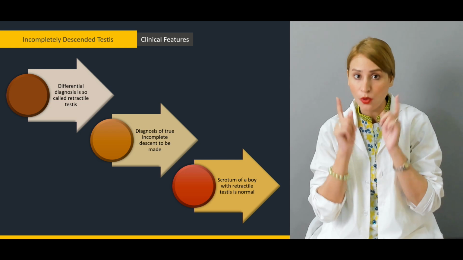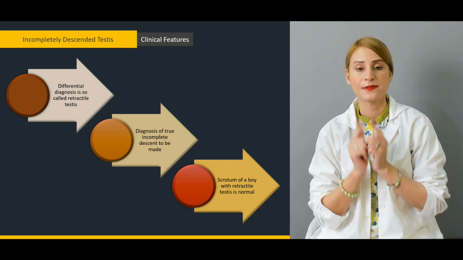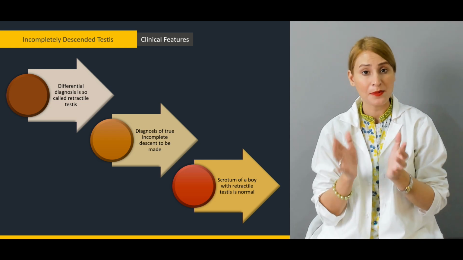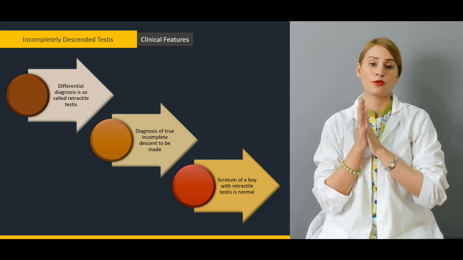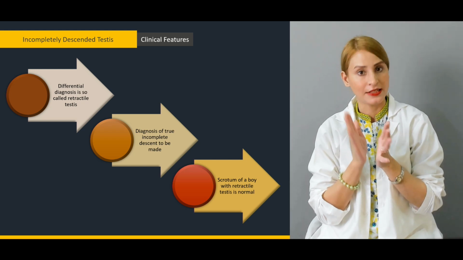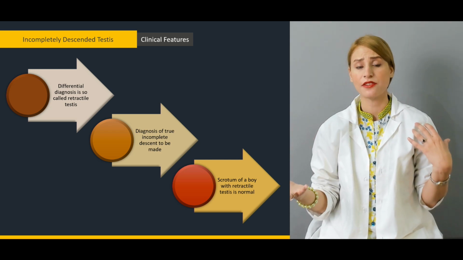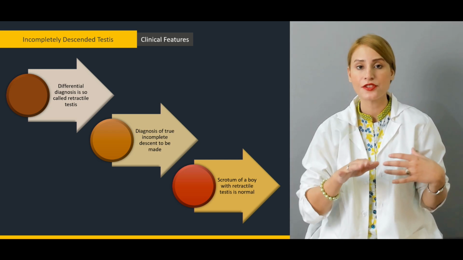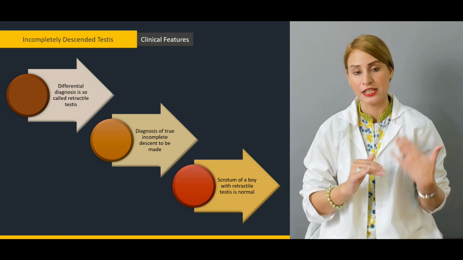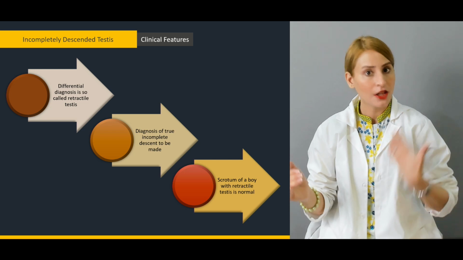You should also always keep in mind that if a normal boy is presenting to you with an absent testis in the scrotum, then you should think about testicular agenesis as well, because sometimes the testes are present during the developmental age, but after birth, they go into agenesis.